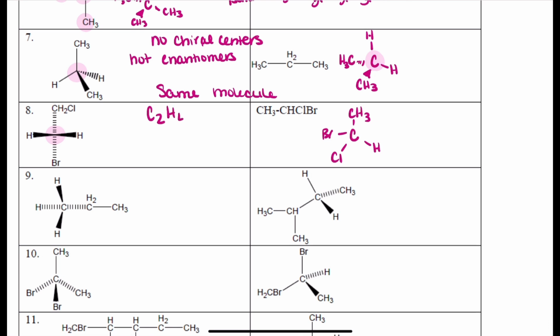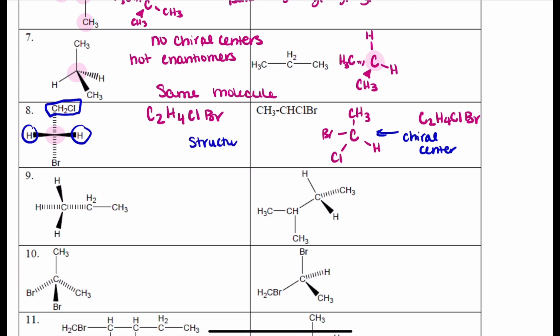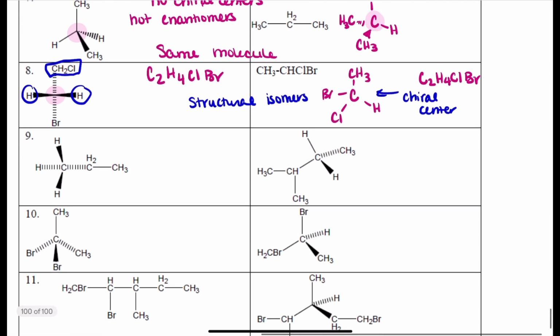It has 4 hydrogens, a chlorine, and a bromine. This one has 2 carbons, 4 hydrogens, a chlorine, and a bromine. So they have the same chemical formula, but they are connected very differently. Notice this has a CH2Cl and 2 hydrogens attached. This compound has a chiral center, but they are not enantiomers because they don't have the same connectivity. So they are structural isomers.